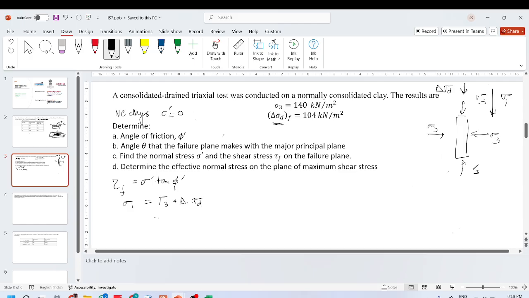So your major principal stress is 140 plus 100, which is 240, and your minor principal stress is 140.